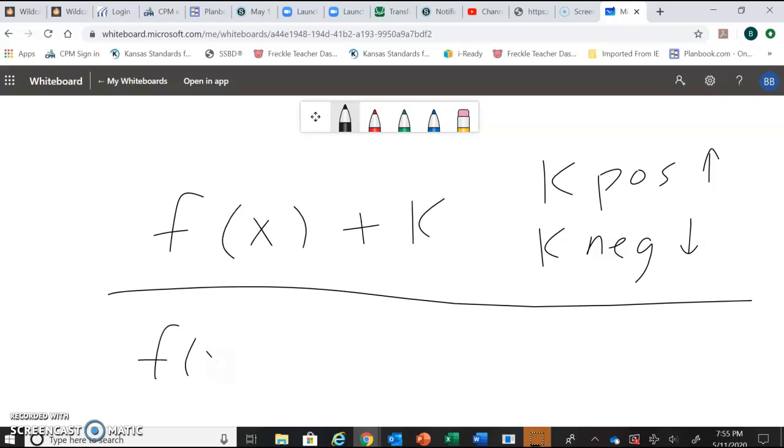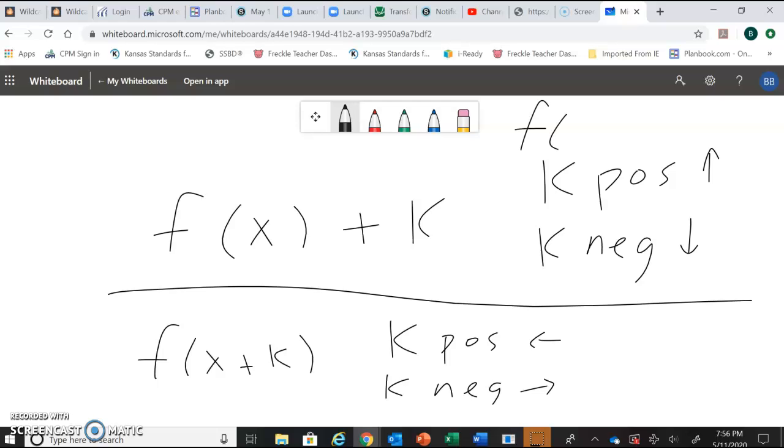And the one we just talked about was what if it's plus k inside the parentheses? Well, if k is positive, it moves left. If k is negative, it moves right. And you probably want to even put an example. So let me go ahead and put an example next to each one of these. So this is a positive example.